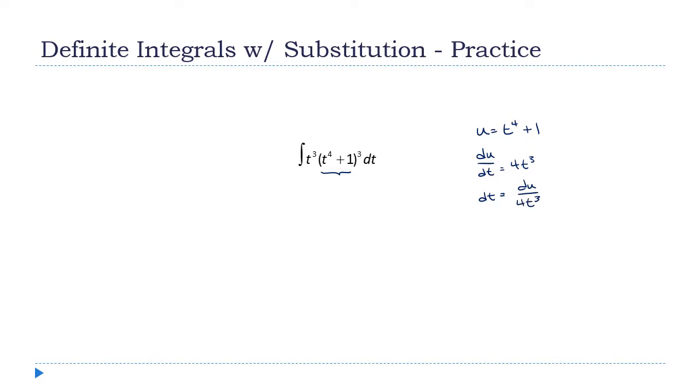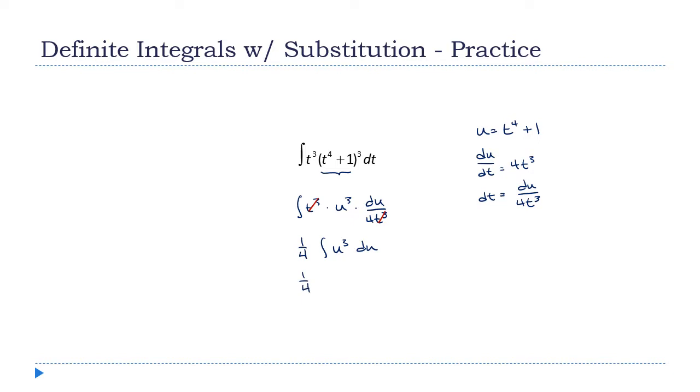Excellent. Let's substitute. This is the integral of t to the 3rd times u to the 3rd times du over 4t cubed. Now, the t to the 3rds, the t cubes, cancel, and I can take that extra 1/4 and bring it out in front. This is 1/4 the integral of u to the 3rd du, and this I can do.